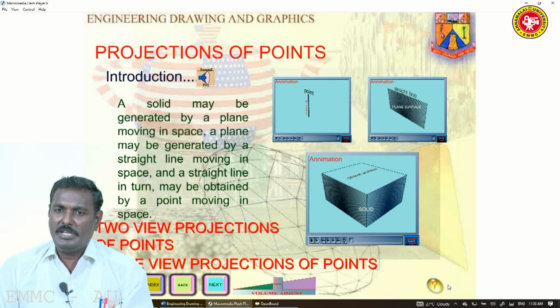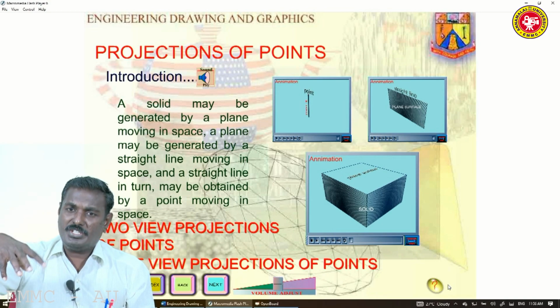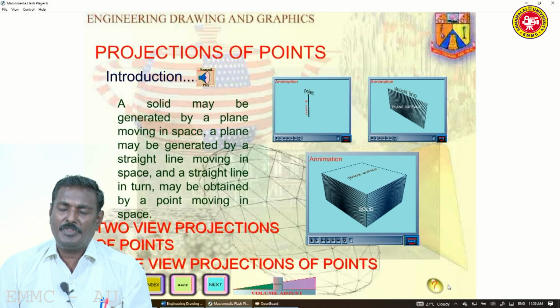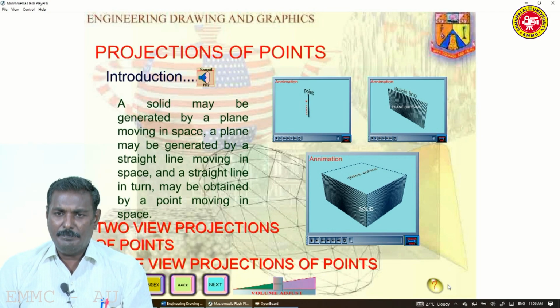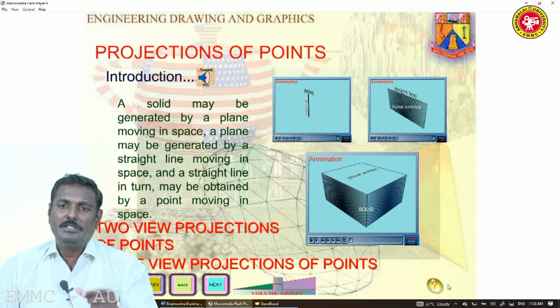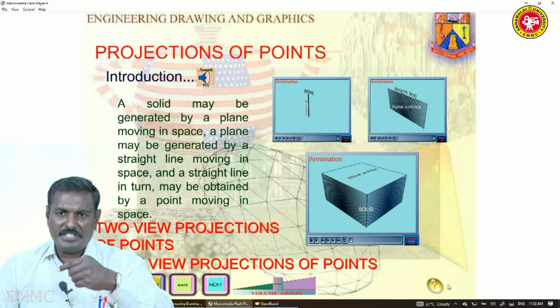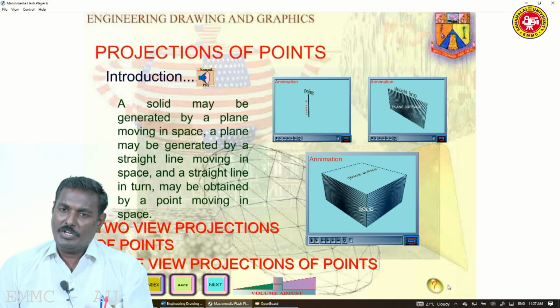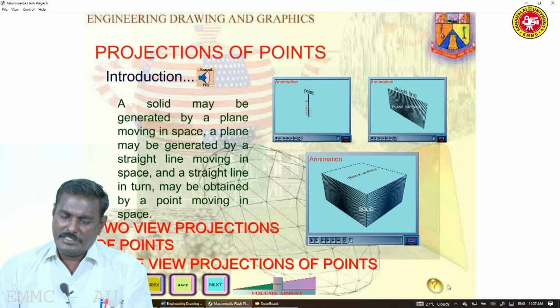Whatever is projected onto the horizontal plane is rotated by 90° clockwise. Whatever is in front of the vertical plane is shown below XY, and whatever is behind the vertical plane is shown above XY. So that is the concept.